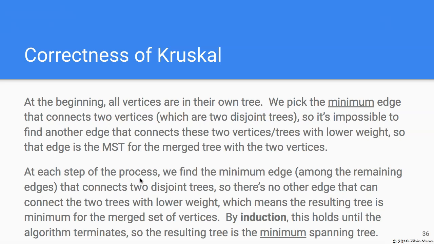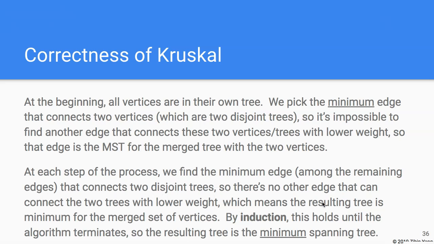Now, what happens in step n and then step n plus 1? So look at what we do at each step of the process. We find the minimum edge that connects two disjoint trees. And because that's the minimum edge, there cannot be another one that can connect these same two disjoint trees but has a lower weight. And we merge the two disjoint trees.